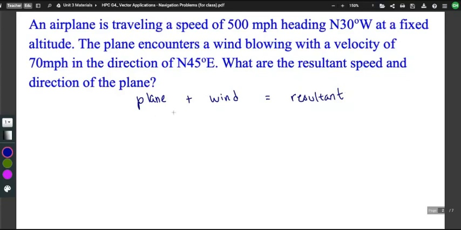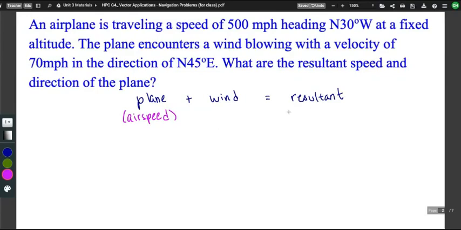Now, I will tell you, you're going to see some vocabulary that comes along with this. A lot of times when we talk about a plane and this 500 miles per hour business, you might see things called airspeed. They might use that word in the context of this problem. So how fast is this plane going relative to the air around it? What are the engines capable of doing?